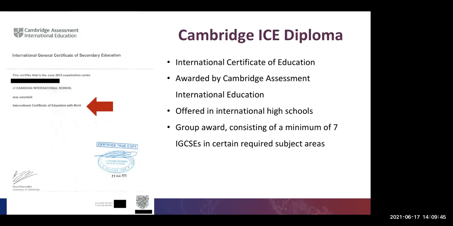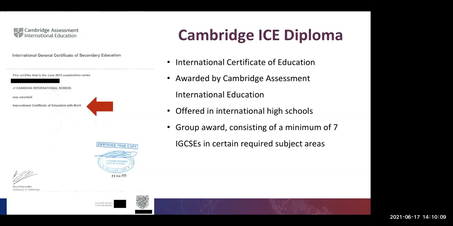If you are presented with this ICE diploma, you do still need to request the IGCSE exam certificate that shows the individual subjects. This is just an award that represents completion of a minimum of 5 subject areas. It does not represent the attainment of any additional education.